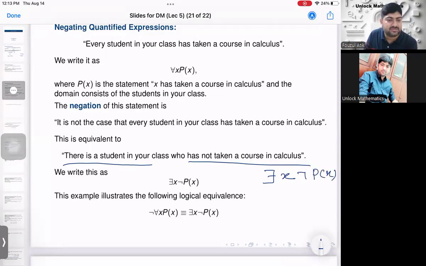You can denote it in this way. Therefore we can write there exists x not P(x). So if I have for all x P(x), this is a proposition, and what is the negation of it? The negation of for all x P(x) is equivalent to there exists x not of P(x). Easy? Did we understand?